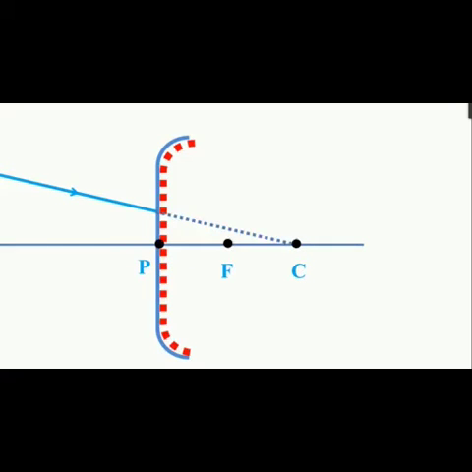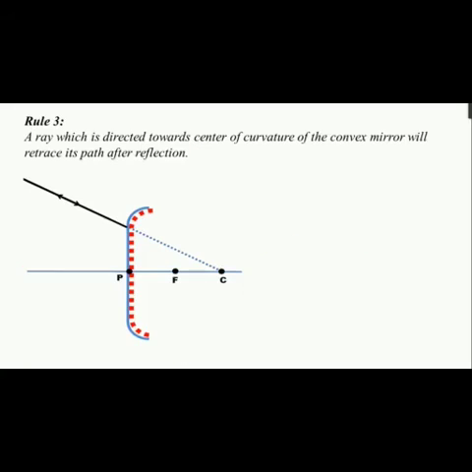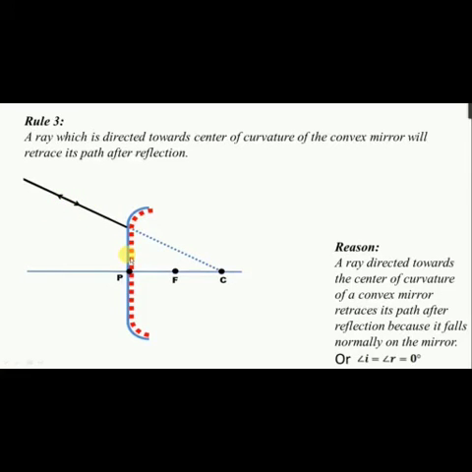One more time, it is going towards the center of curvature, so it should go back along the same path. So rule number 3 says a ray going towards the center of curvature retraces its path, and the reason we have already discussed in concave. The reason is the ray falls normally on the mirror, or we can say angle i is equal to angle r is equal to 0 degree.